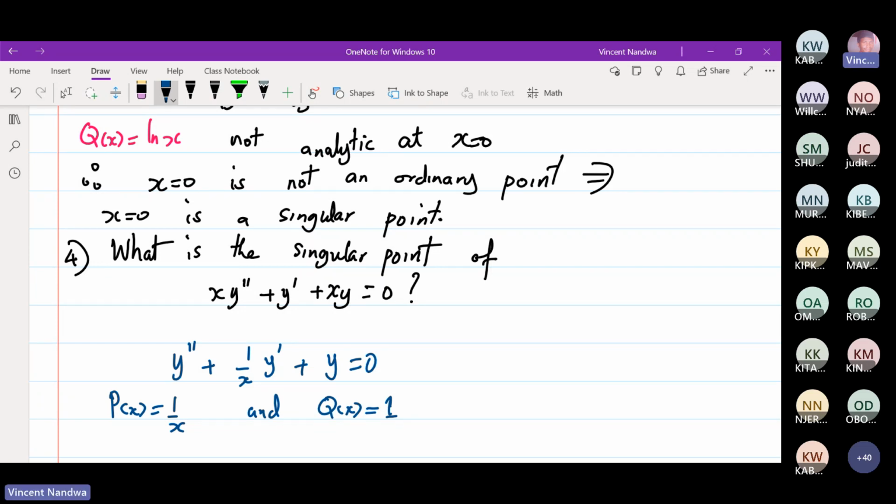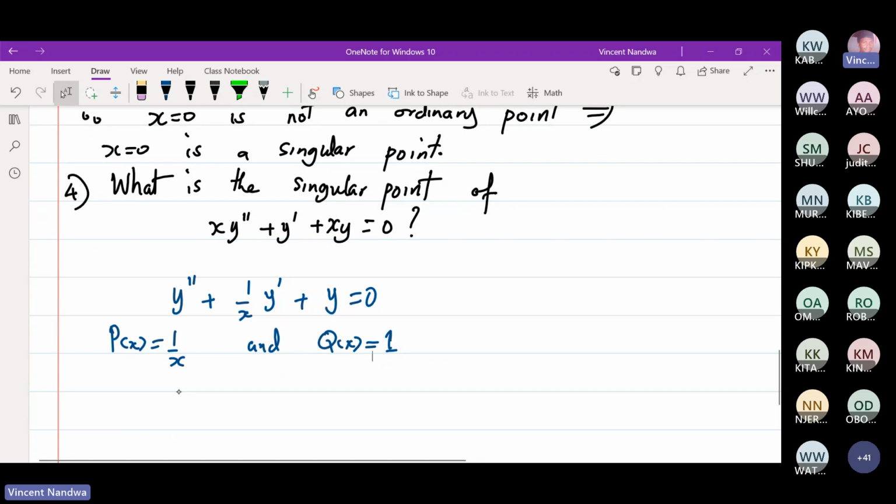Is that function differentiable at any given value of x? Remember, q of x is analytic for every x. But which point makes p discontinuous? x equals 0. Yes, when x is 0, this rational function is not defined. So x equals 0 is a singular point.